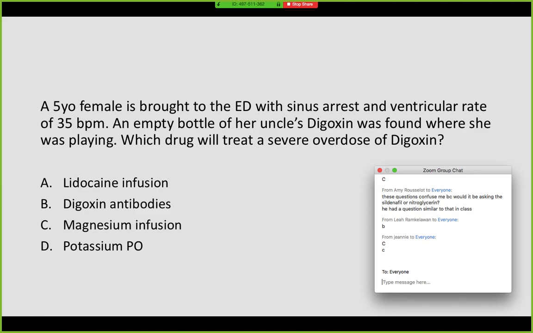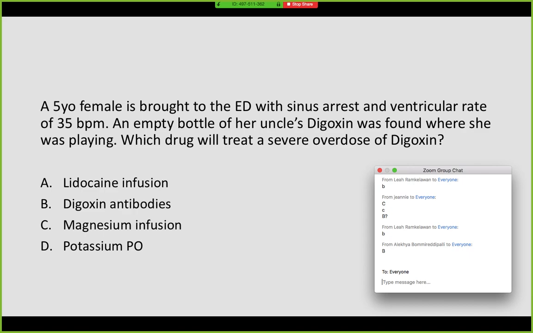I promise this isn't a trick. Right, digoxin antibodies, so Digibind, is actually digoxin antibodies. That's going to treat digoxin toxicity. Just like with pharm in general, anytime you talk about toxicity or overdose, it's very high yield to always know what you're going to do to treat that.